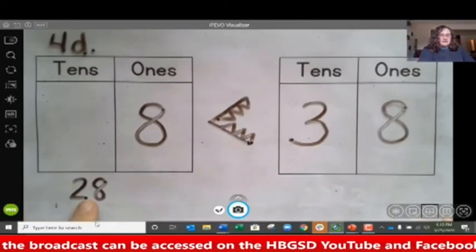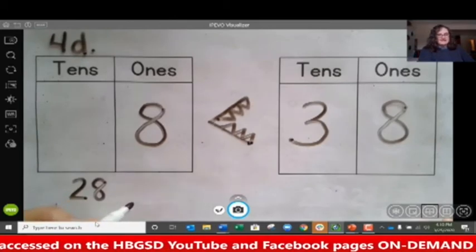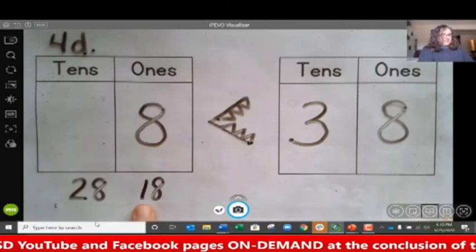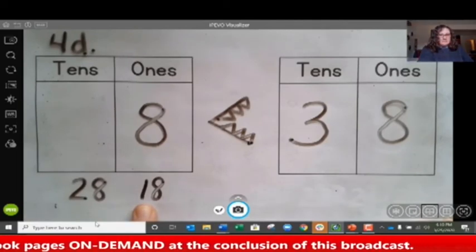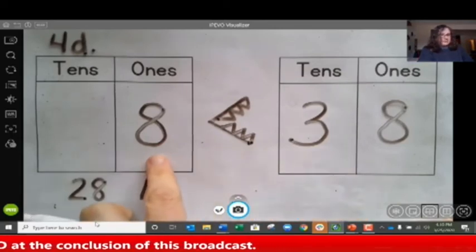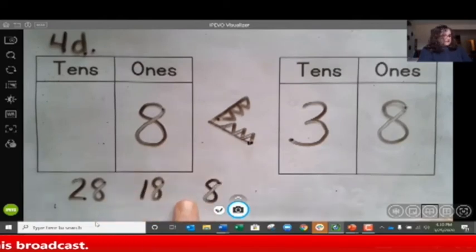Could it be 10 less than 28? Yep. Do you know what that is? Did you say 18? Could it be 10 less than 18? It could. That's still less than 38, and it would still have an 8 in the ones place. But how many tens are in the number 10 less than 18?